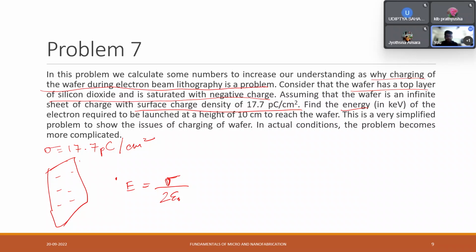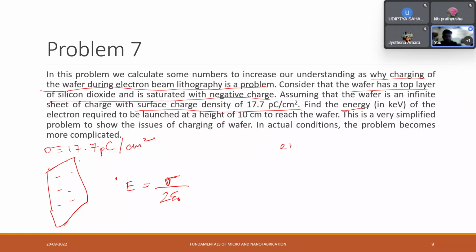Then maybe we can start with the solution here. We have to check what is the force that the electron used for this electron beam is experiencing.